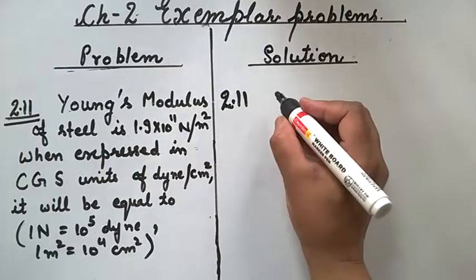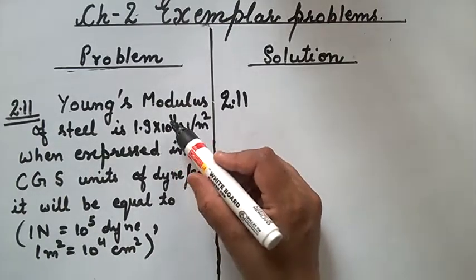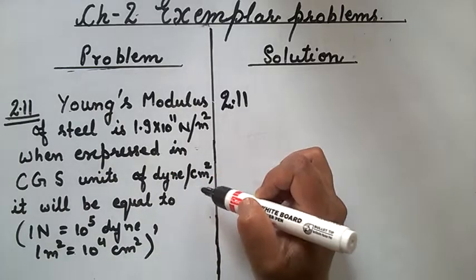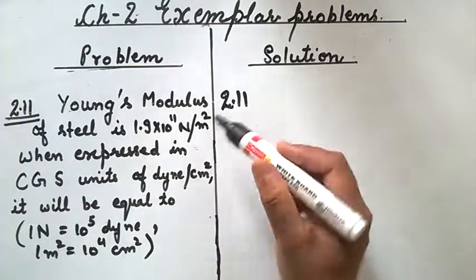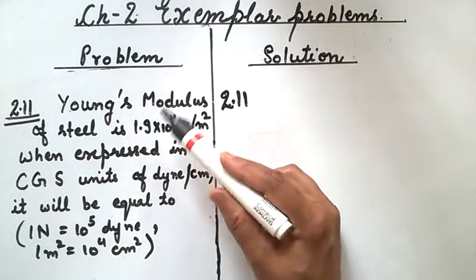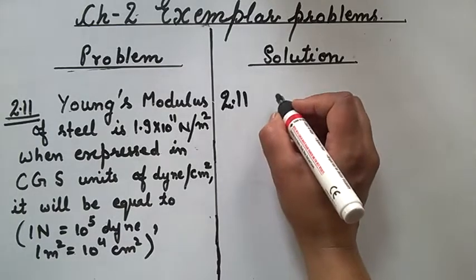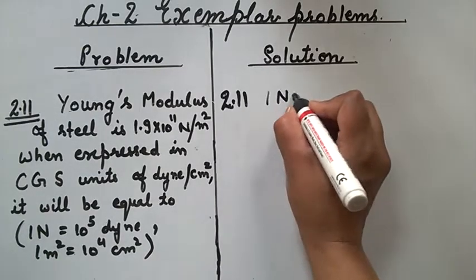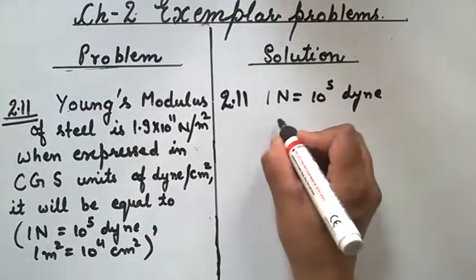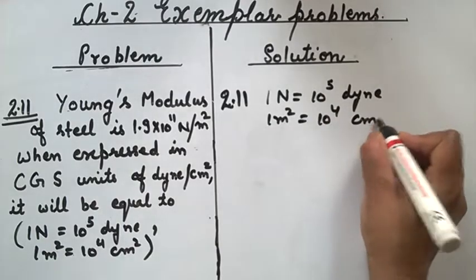Problem number 2.11. Young's modulus of steel is 1.9 into 10 raised to the power 11 Newton per meter square. When expressed in CGS units of dyne per centimeter square, it will be equal to? In the SI system the value is given, and in the CGS system we have to find it. 1 Newton is 10 raised to the power 5 dyne, and 1 meter square is 10 raised to the power 4 centimeter square.